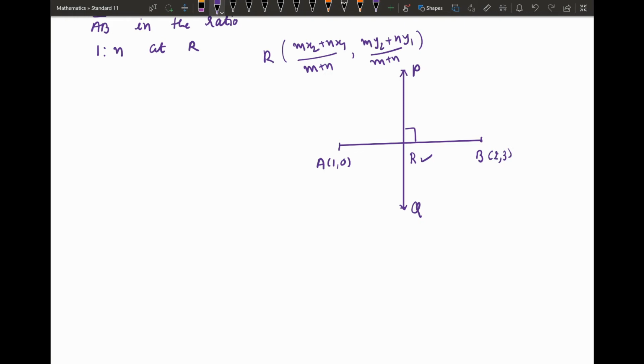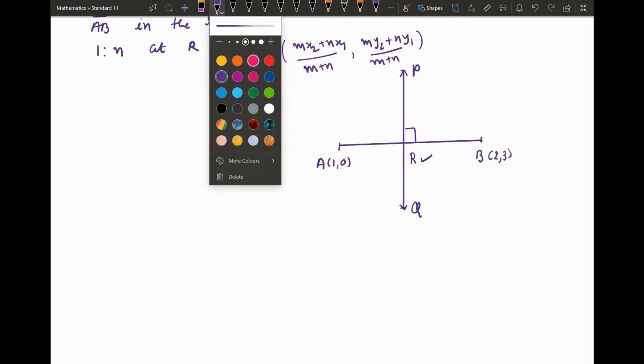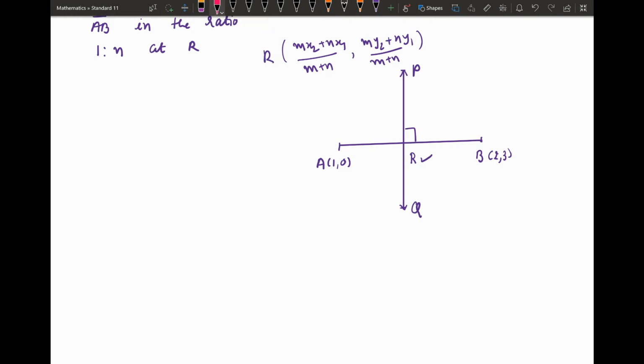Once we get slope, then R lies on the line PQ. So point is there, slope is there, we can use point slope form to find equation of line PQ. We have to get equation of line PQ.